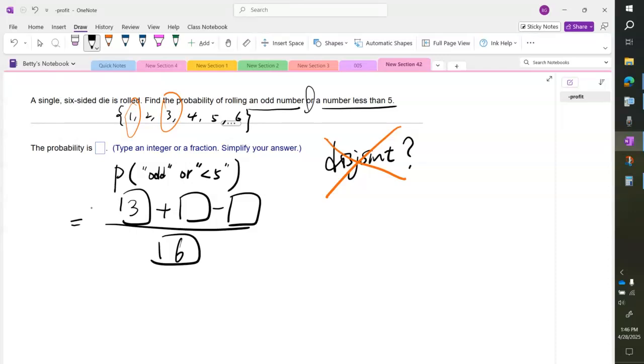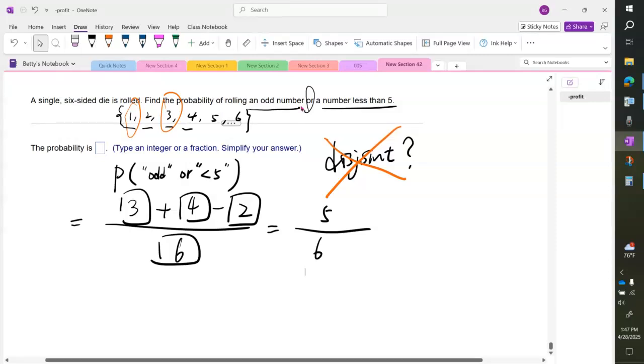Second cell, how many of them are less than 5? 1, 2, 3, 4. 4 of them less than 5. The last cell, the one we need to subtract, how many of the 6 outcomes are odd and less than 5? 2 of them, right? 1 and 3, 2 of them. So the probability numerator, 3 plus 4 minus 2, that's 5. Denominator 6, so 5 over 6.